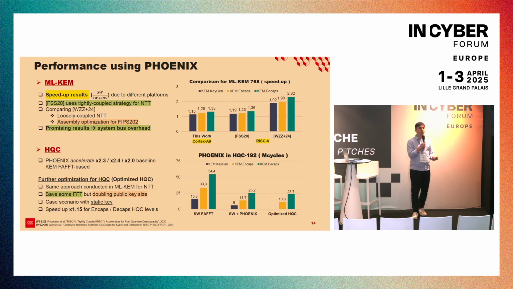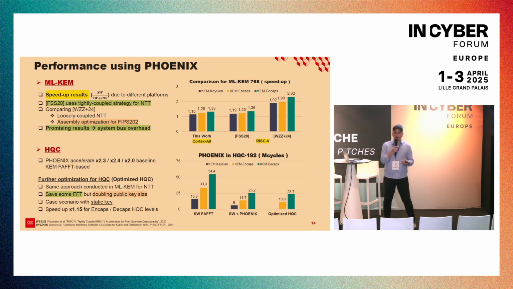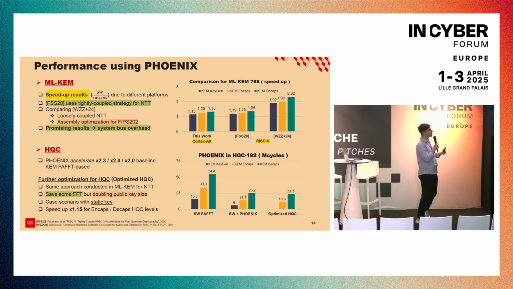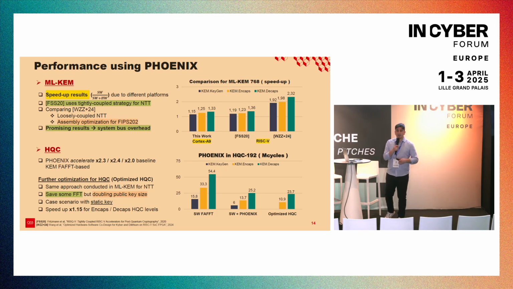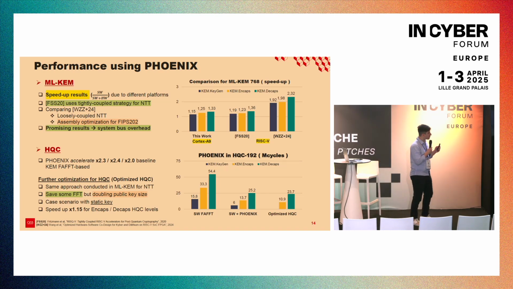After that, we introduced a further optimization for the HQC, which relies on keeping some data in the FFT domain, and although doubling the size of the public key, we can have a further speed-up of 1.15 for the encapsulation and the decapsulation functions.